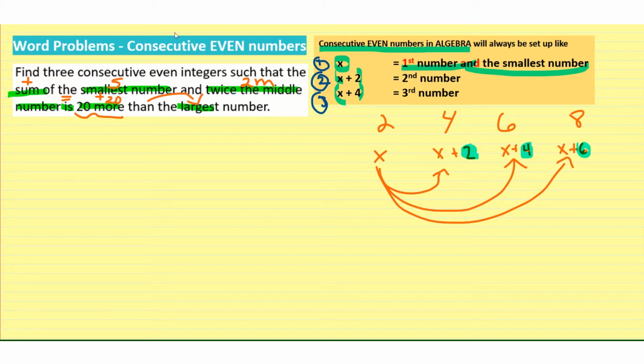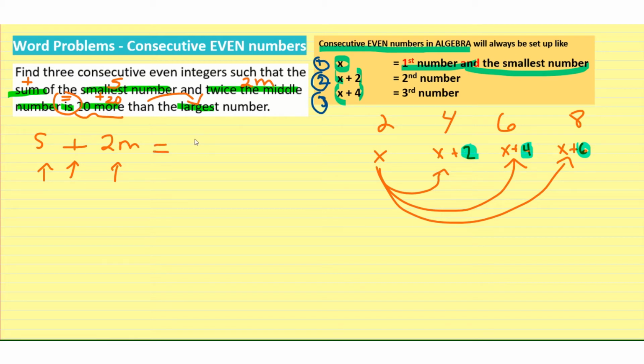So now let's start writing this out. We have a sum. What is it the sum of? It's the sum of the smallest number and 2 times the middle number. And then we say that this is equal to 20 more.